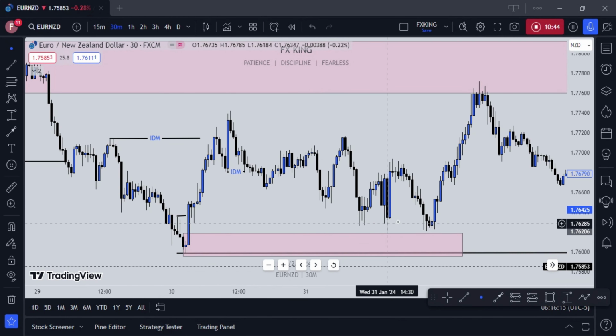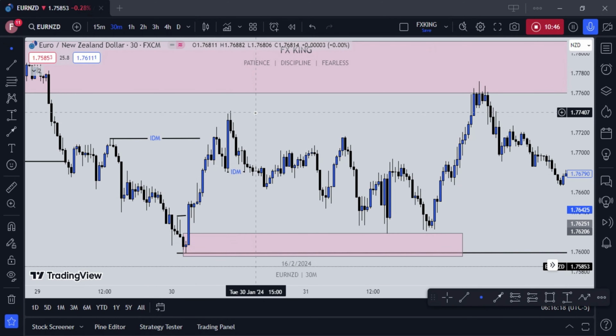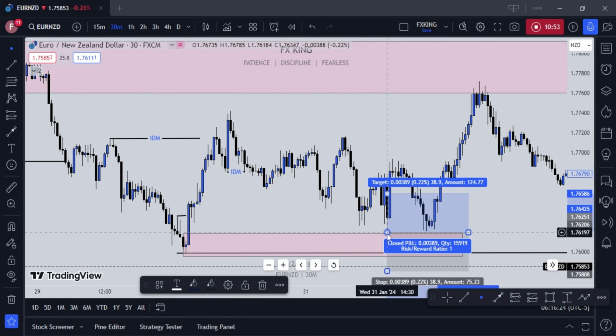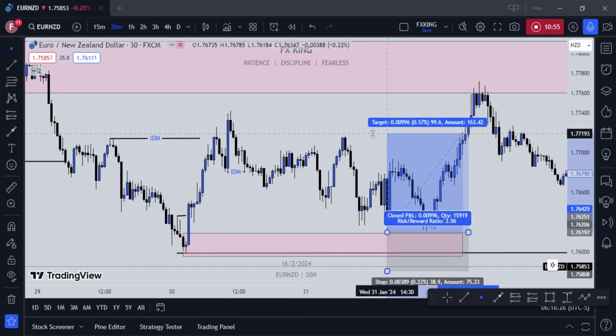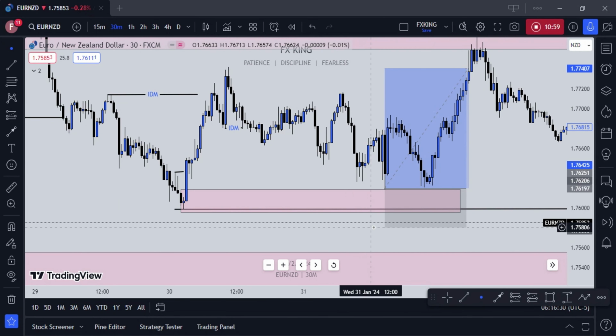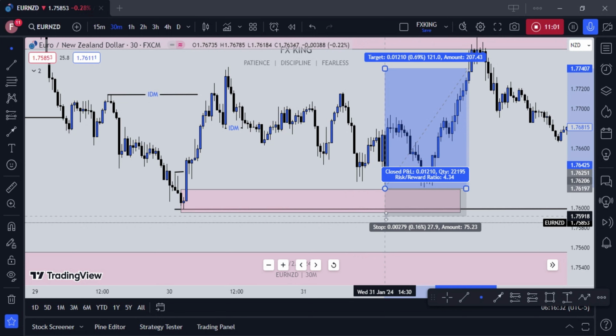After price tapped into our point of interest, we targeted this high here. If you did not refine, this is how your position here would have looked.